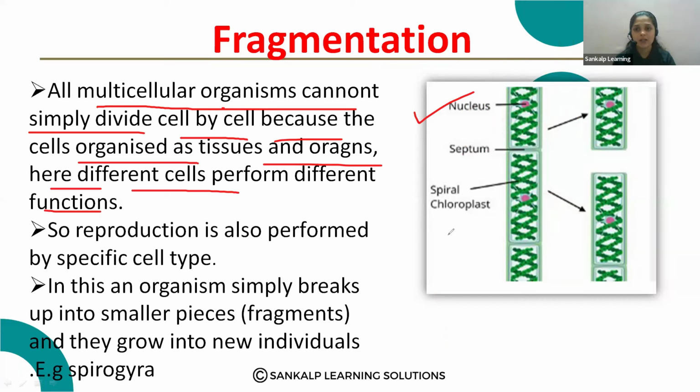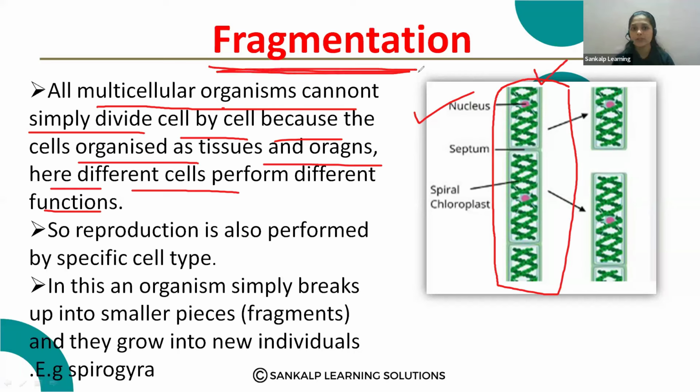No, because multicellular organisms have tissues and organ systems. But Spirogyra is a very lower grade, simple organism. So in simple multicellular organisms, we can observe fragmentation, as in Spirogyra.